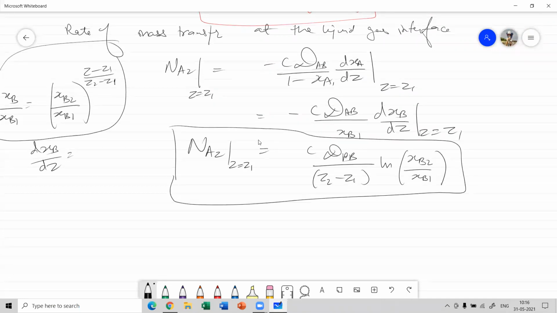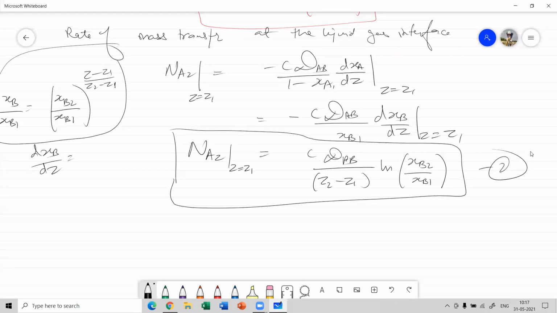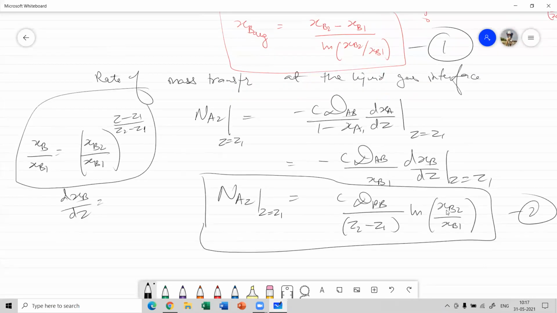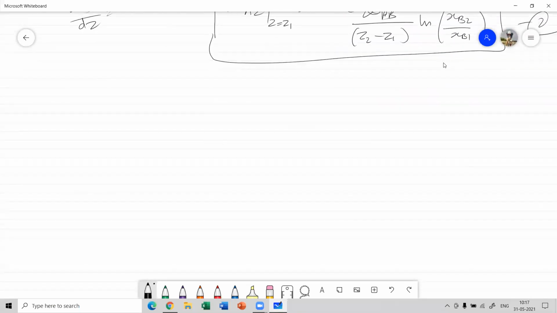Now we have this equation; let's say this is number 2, and somewhere we have equation number 1. Let me go back and find where equation number 1 is. Yeah, this one. Let's keep this as equation number 1. Now from equation 1 and equation 2, ln xb2 over xb1 is xb2 minus xb1 over xb average, so this can be replaced over here.